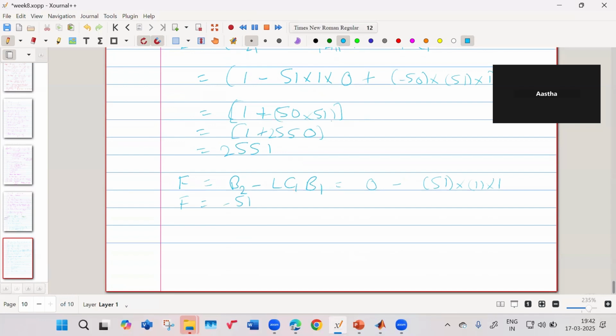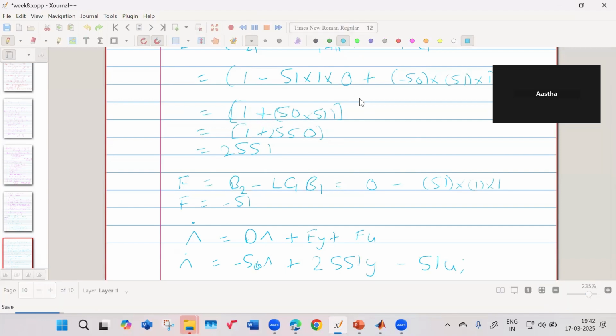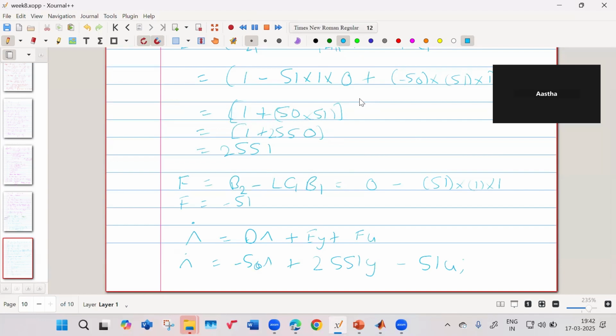So our reduced order dynamic equation is kappa dot equal to D into kappa plus E into y plus F into u. That is, kappa dot is equal to minus 50 kappa plus 2551 y minus 51 u. So this should be the observer which we are using in our closed loop implementation.